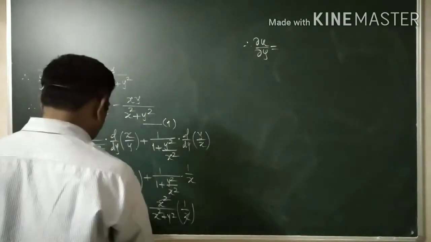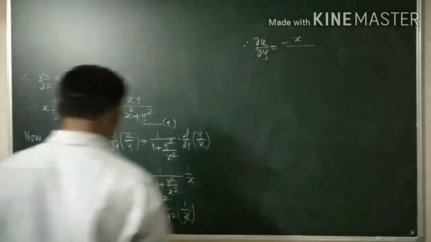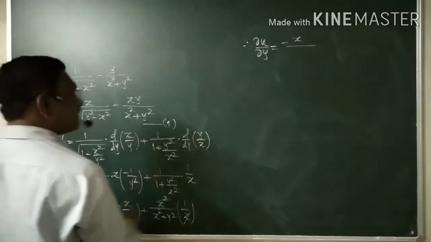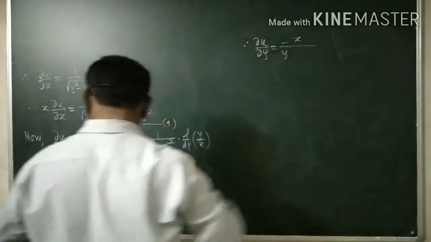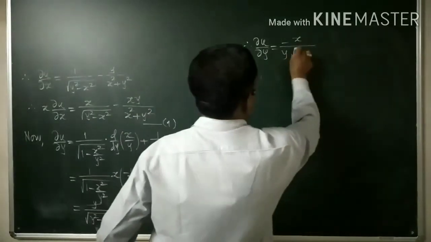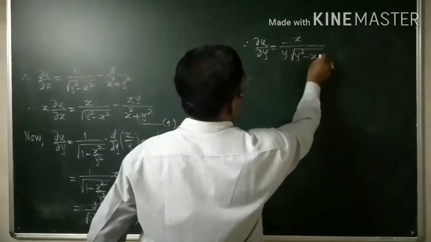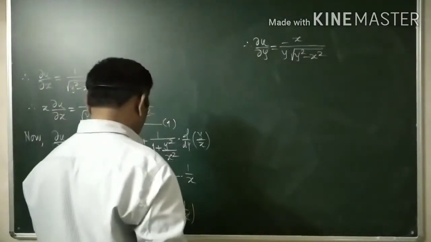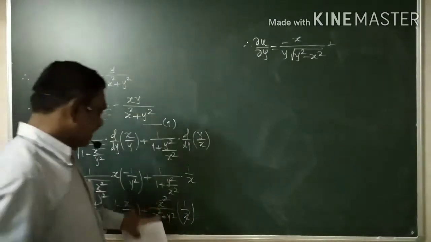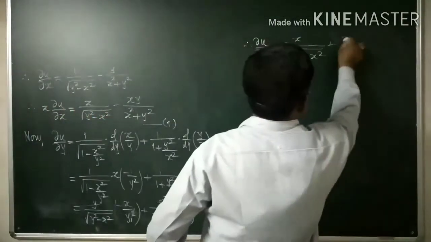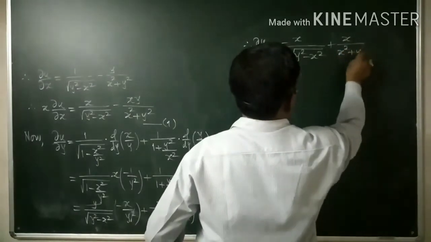This y I will take here first of all: y into root y square minus x square. Then plus, this x remains there, therefore x upon x square plus y square.